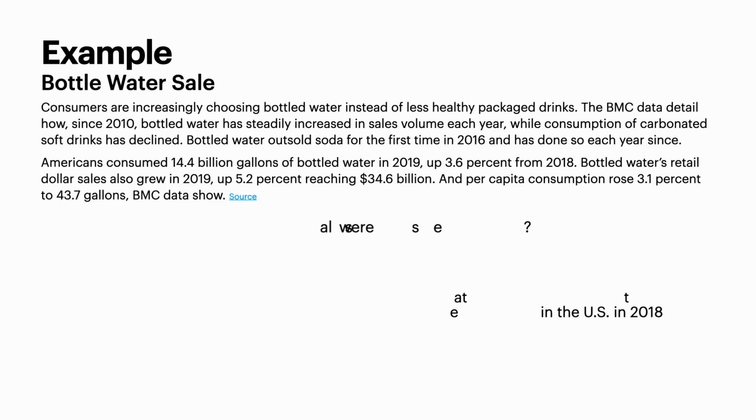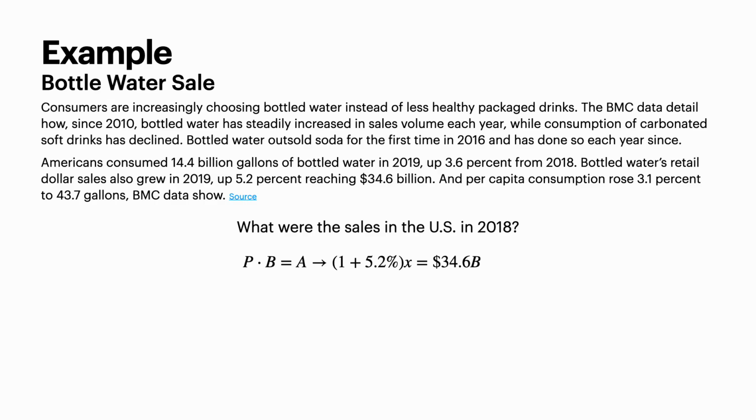Okay. Next, what were the sales in 2018? Okay, they tell us the sales in 2019. They say they're up 5.2%, reaching 34.6 billion. Go ahead, pause this video, and try to find if you can solve that yourself. Okay, so let's plug in the values.